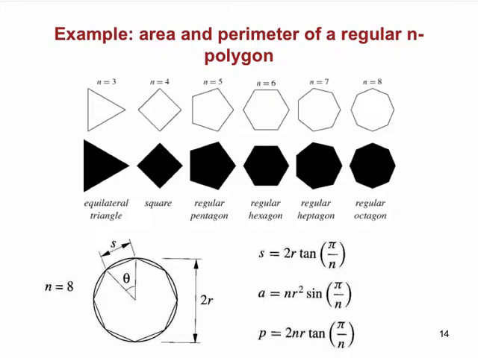So output is area and perimeter. Input, you can have a choice. Either your N and R are input, or N and S. This is a little, one more line of writing. Is it good? Getting there?